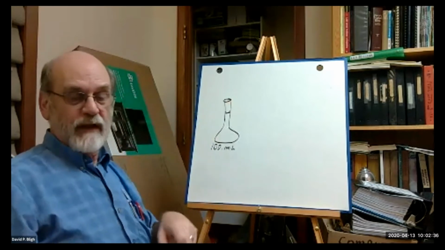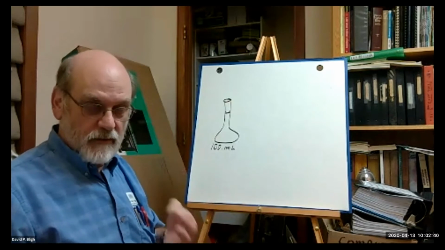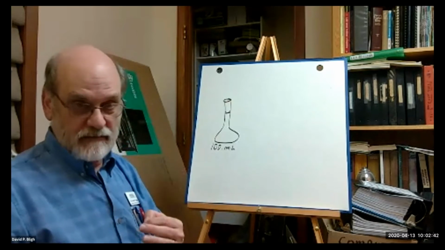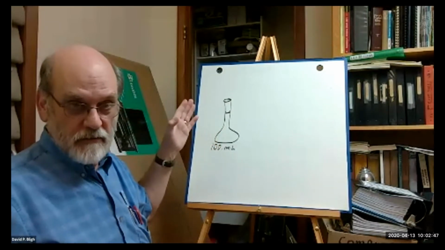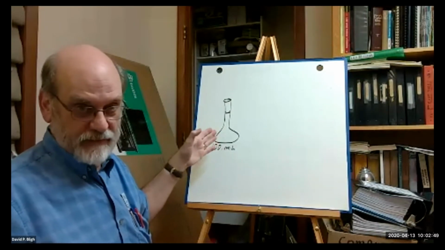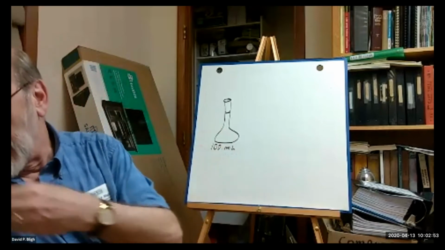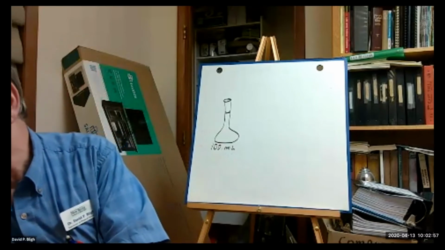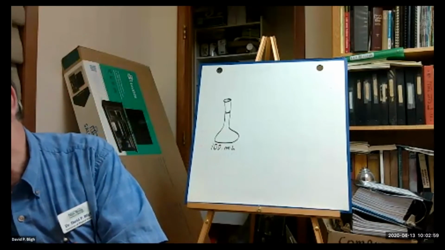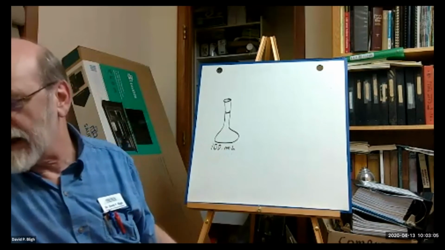Right. Why do we need this? We need accuracy. We need to know exactly the concentration of whatever solution we put in it, right? So we're going to prepare a solution.